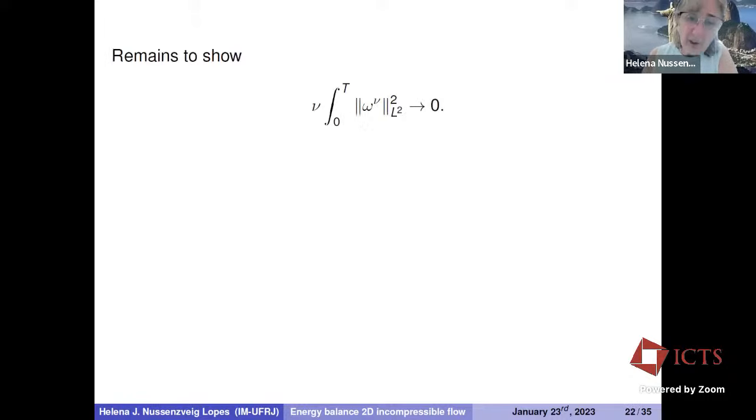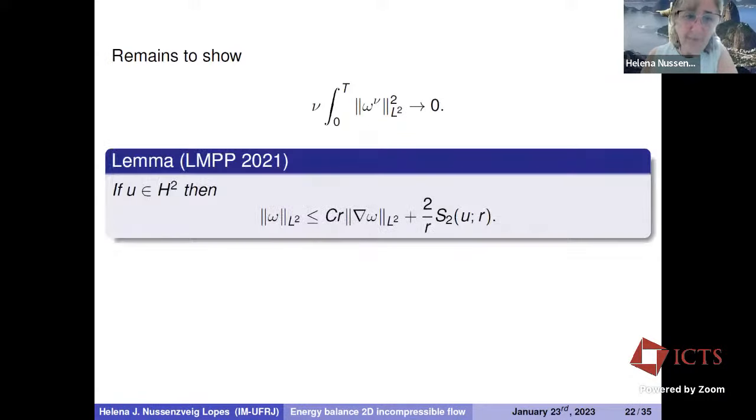It remains to show that the dissipation rate vanishes. This is based on the following lemma proved by Lanthaler, Mishra, Parés-Pulido in 2021, that for any vector field which has two weak derivatives, the L2 norm of the vorticity is bounded by C times R times the L2 norm of the gradient of omega plus 2 over R times S2.